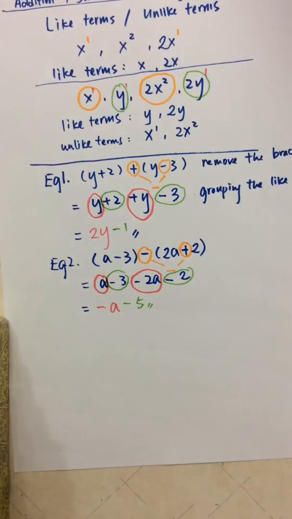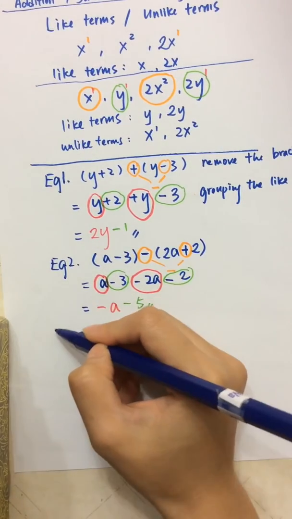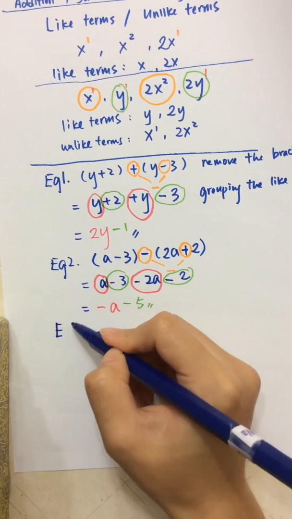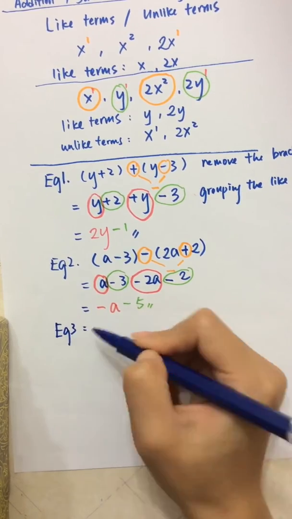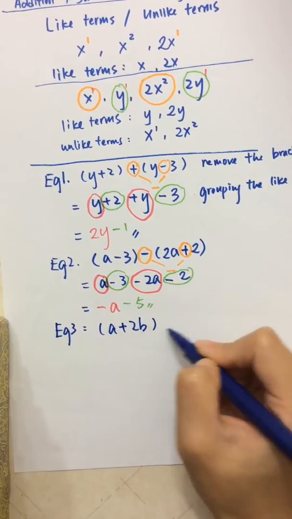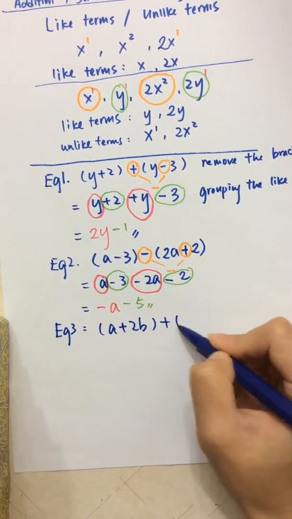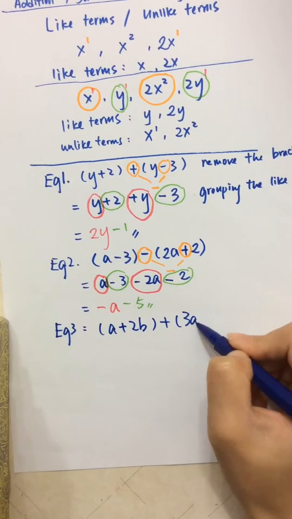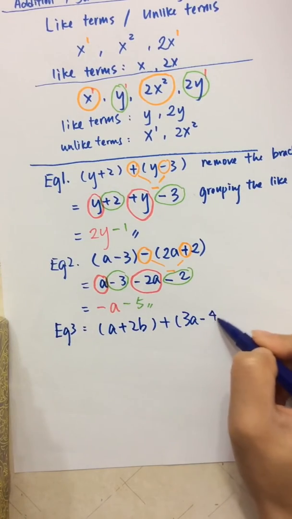Next level will include two unknowns here. So let me write it down first. This is example 3. For example, maybe a plus 2b plus 3a minus 4b.